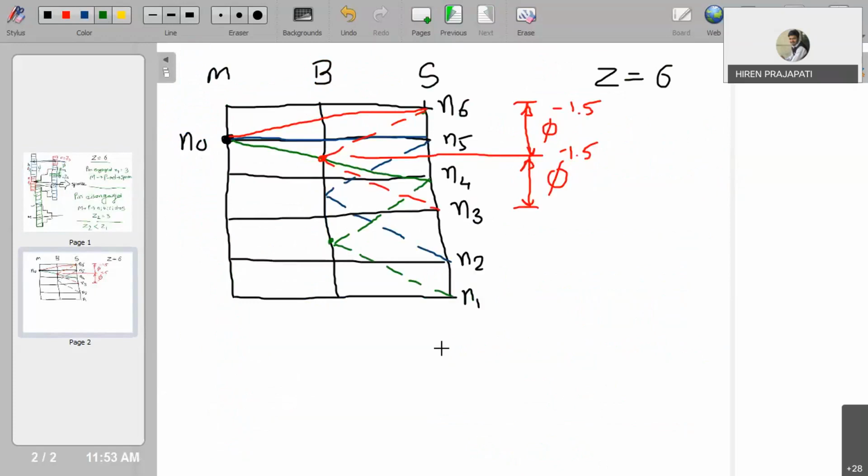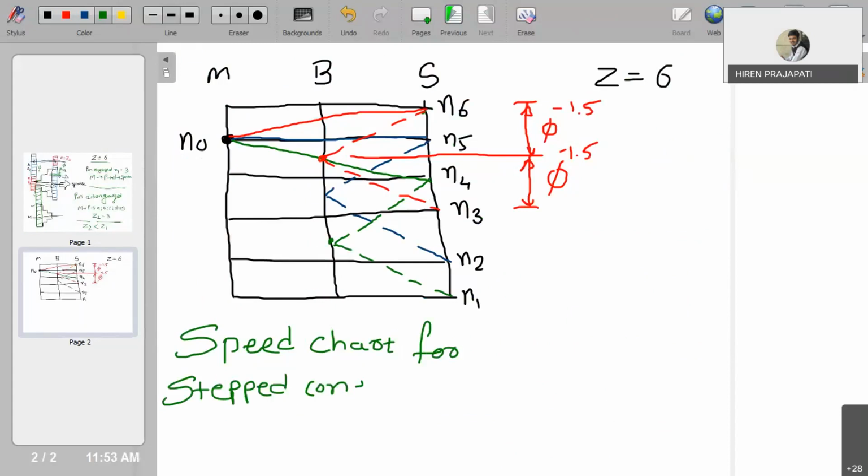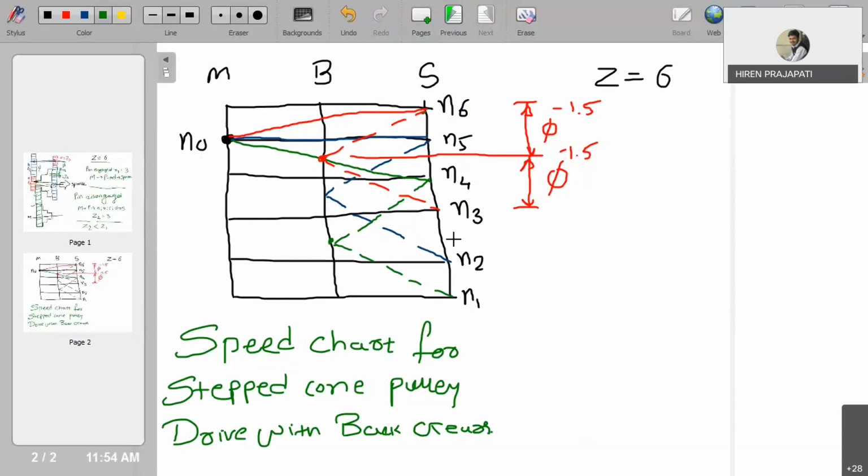So this is the ray diagram or speed chart for the stepped cone pulley drive with back gears. So this is the involvement of the back gear.